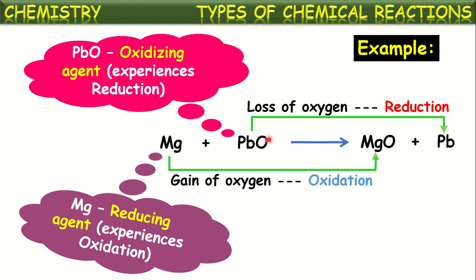So it is called reducing agent. Okay, the reaction it is undergoing and its action both are quite opposite in a way. So magnesium is undergoing oxidation and it is helper of reduction, whereas lead oxide is undergoing reduction and it is oxidizing agent. Did you get it?